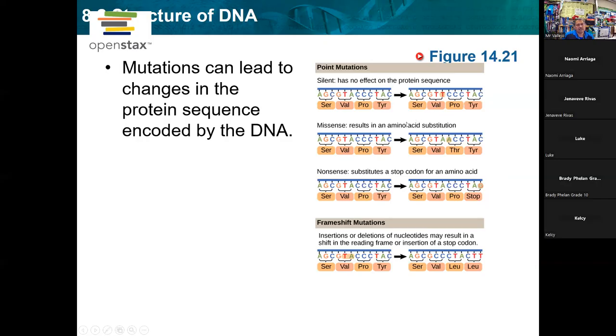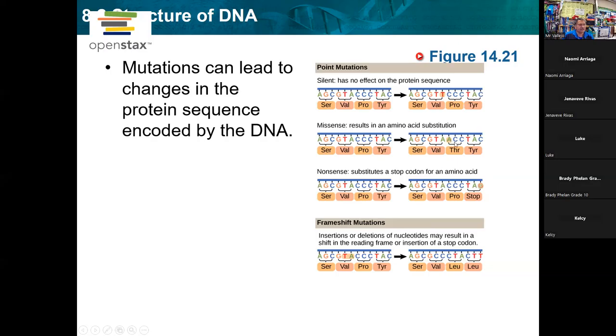So that didn't cause any problems. So yes, it's a mutation because of the change in DNA, but it did not cause a difference in the proteins. If you compare these here, though, there's valine, there's proline and tyrosine right there. They are different amino acids.